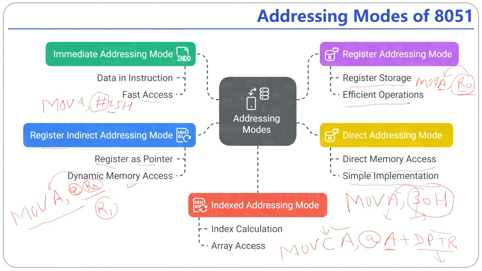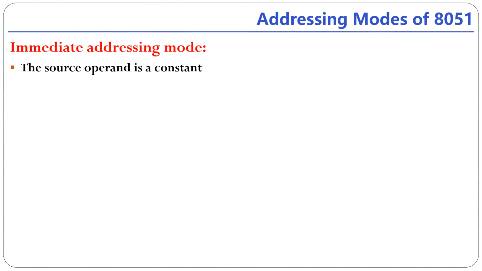Now we come to the next slide, addressing modes of 8051, which we have seen in the previous slide. Immediate addressing mode, this is just a summary. The source operand is a constant, as we have seen.